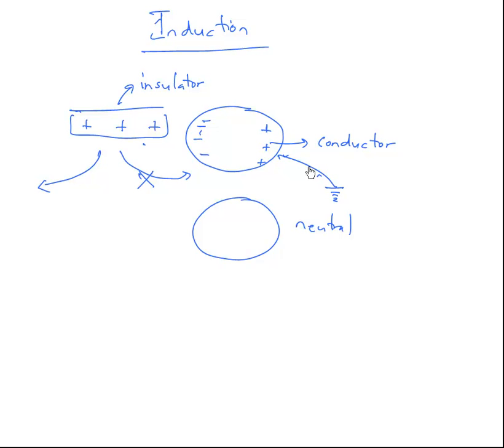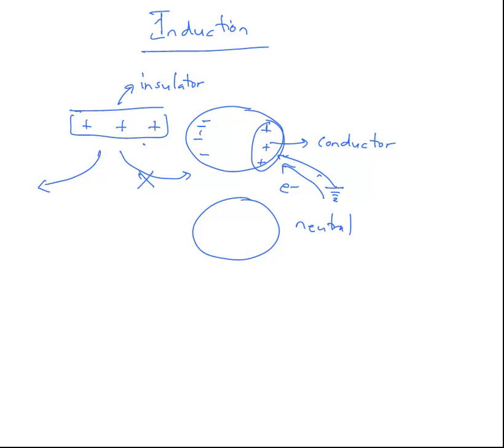The minute you connect this guy to the earth, what the earth will do is send in electrons to neutralize this positive charge. If the conductor was negatively charged at that end, then the same earth would have absorbed the electrons to again make that end neutral.